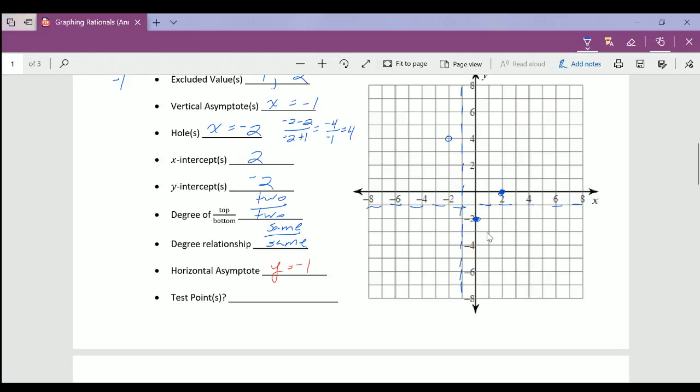Oh, I see what the problem was. Why did I make this negative? That should not have been. I was talking so much about it that I put it in the wrong spot. So it's totally... Thank you for catching that for me. Oh, there we go. Now the dots make sense.